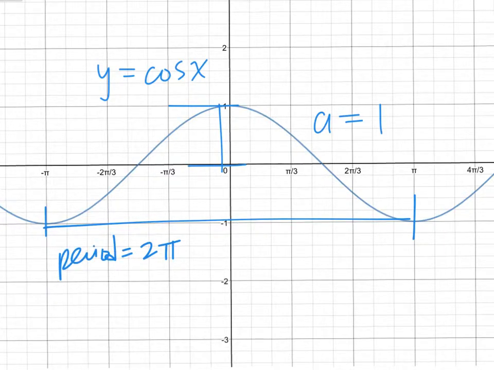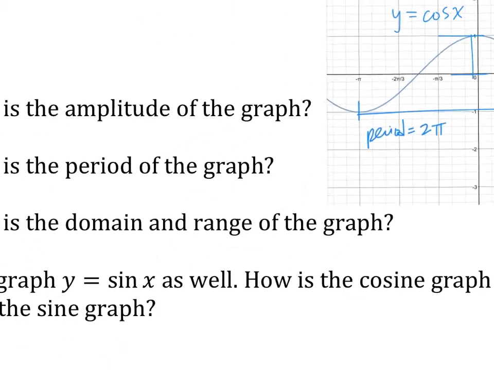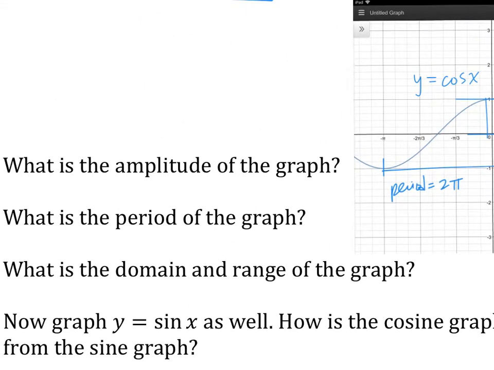Domain and range. What is the domain on this graph? All real numbers. And then what's the range? What is all the possible y values? -1 is less than or equal to y, which is less than or equal to 1. Yes. So let's write all that down. Amplitude is 1. A is 1.